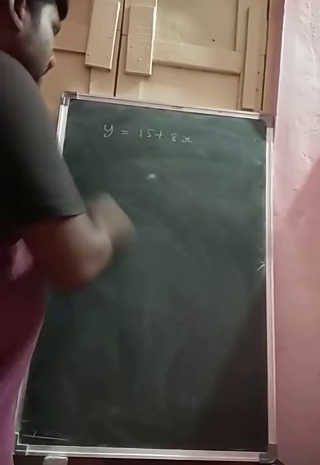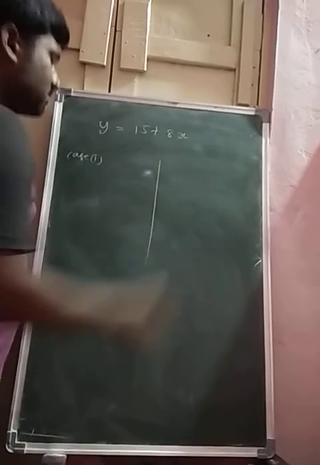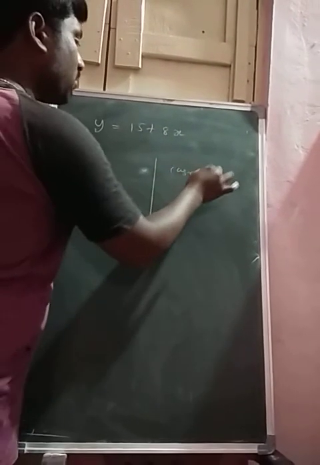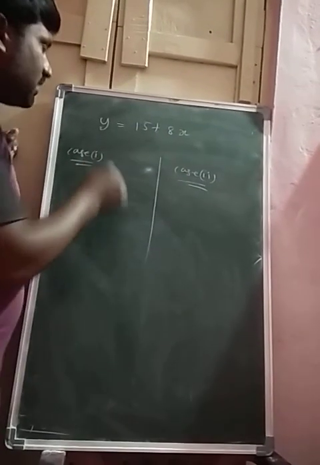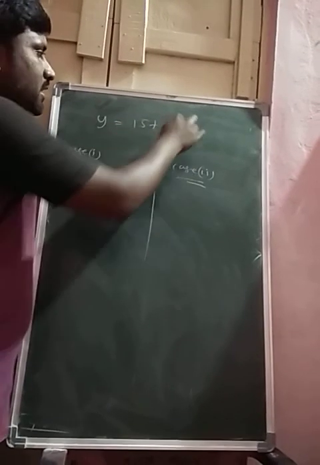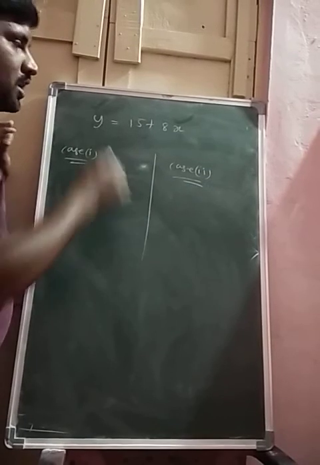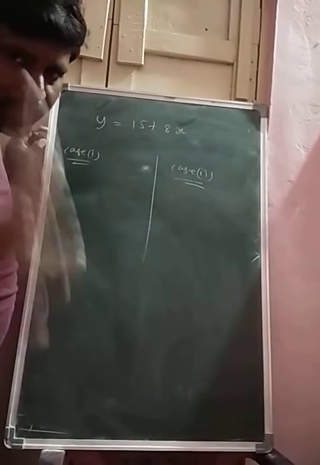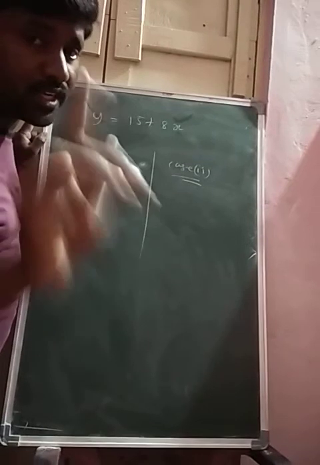Now in case 1 and case 2: in case 1 the amount paid is y, and x is a particular distance of x kilometers. Here y corresponds to the amount paid and x corresponds to the distance in kilometers.